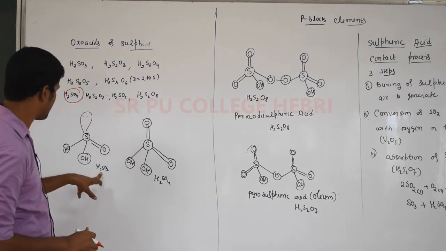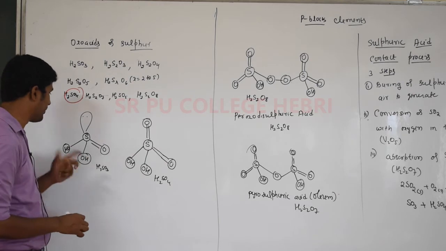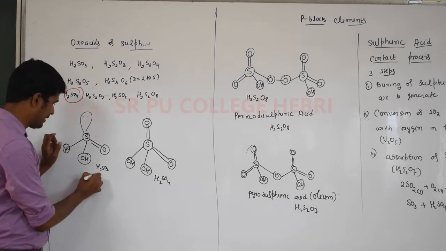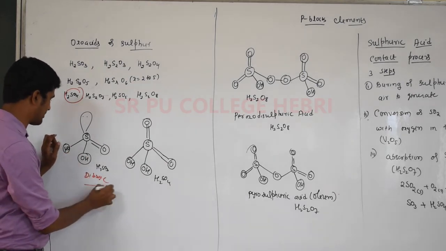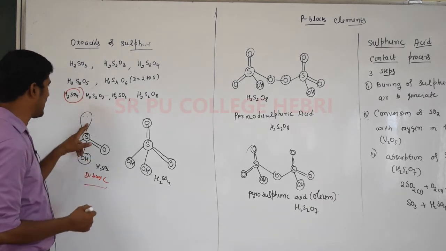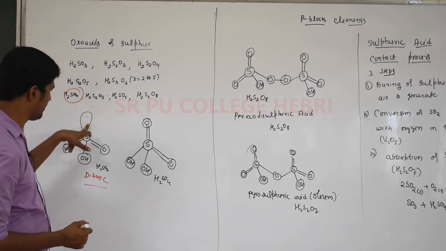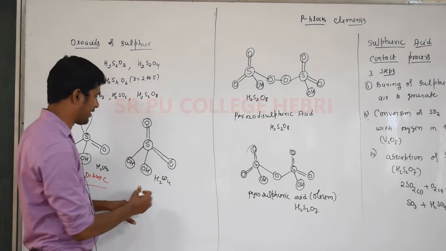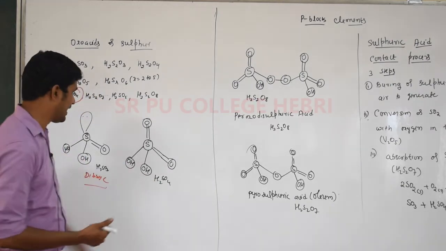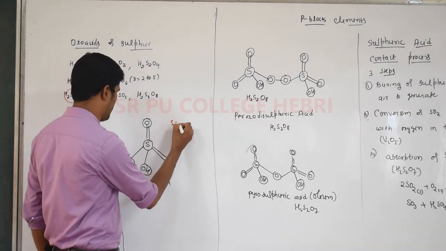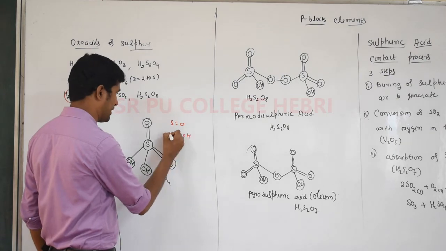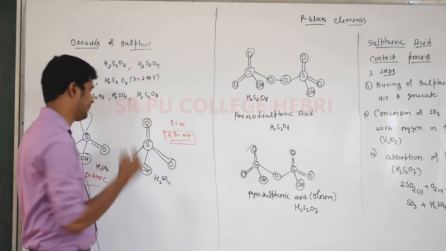So H2SO3 is an acid. It's a dibasic acid which has 2 hydroxy groups and 1 lone pair of electrons. Is it clear? This is the structure of H2SO4. Again, it's a dibasic acid which has 2 S double bond O and 2 S-OH bonds. Remember this.